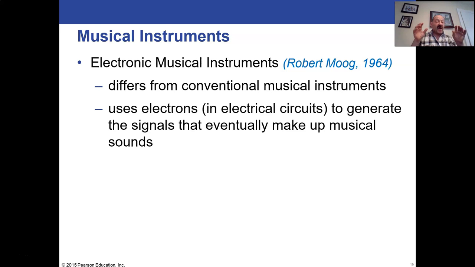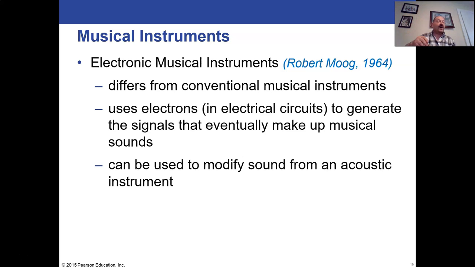You essentially are playing it like a keyboard instrument, but instead of hammers striking strings in a piano or a harpsichord, you have circuits that you're completing by playing with your hands on the keyboard, and those circuits will generate certain wave patterns that are transferred to a speaker that will generate actual physical sound in the air.